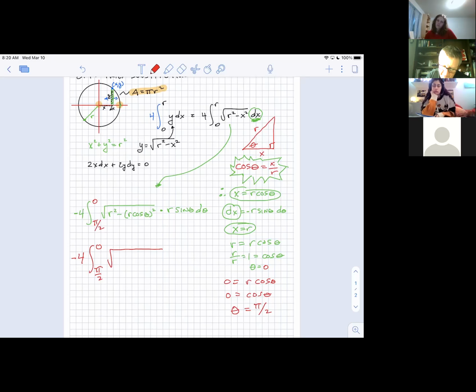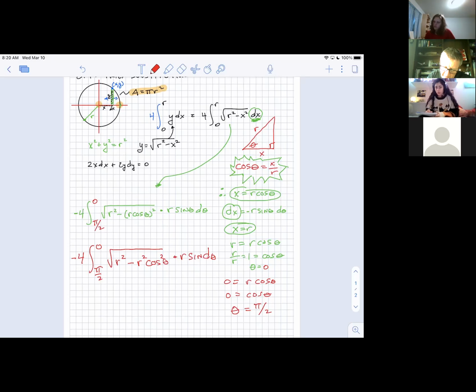Because if you have r squared minus r cosine of theta squared, that would be r squared cosine squared theta times r sine of theta d theta. Notice the minus sign is not inside the parentheses, so it does not turn into a positive number.